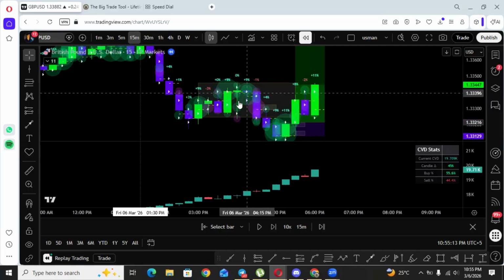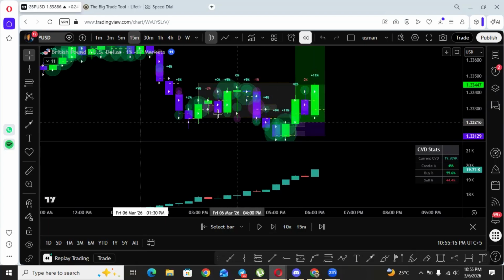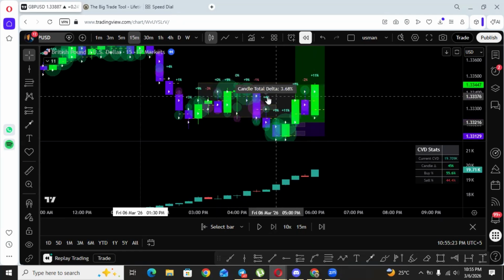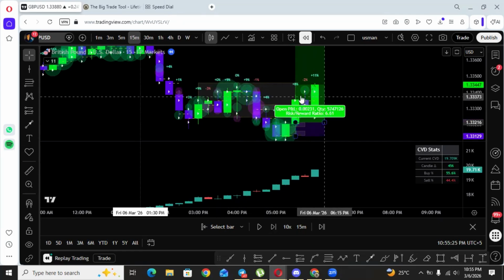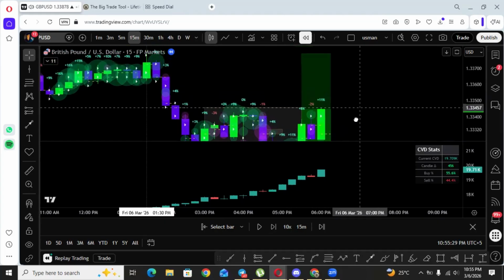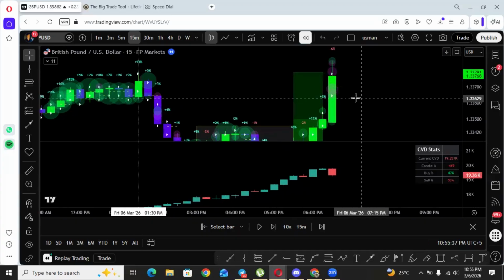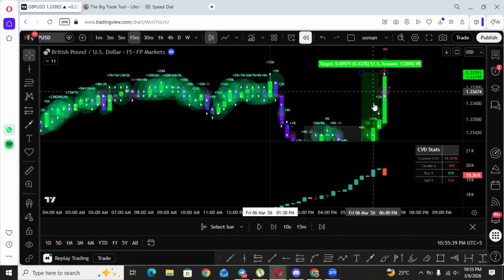This was the area where the war happened, but what was the war? There were maybe some selling orders remaining at this point to execute. They pushed the price down and then they absorbed all that selling and gave a follow through. Let's play it now. So we knew that we got our take profit.